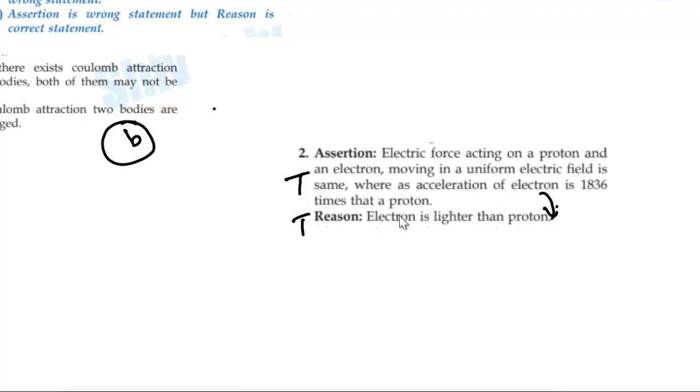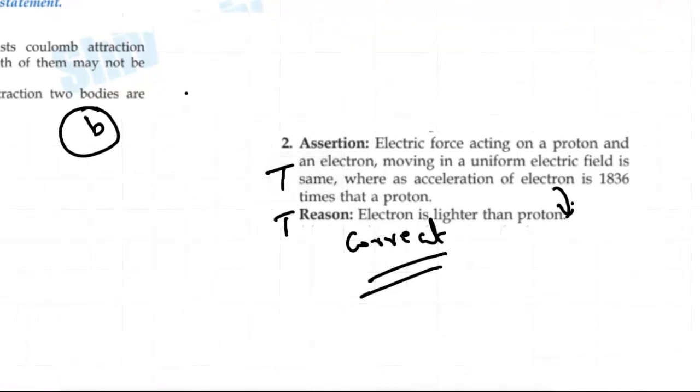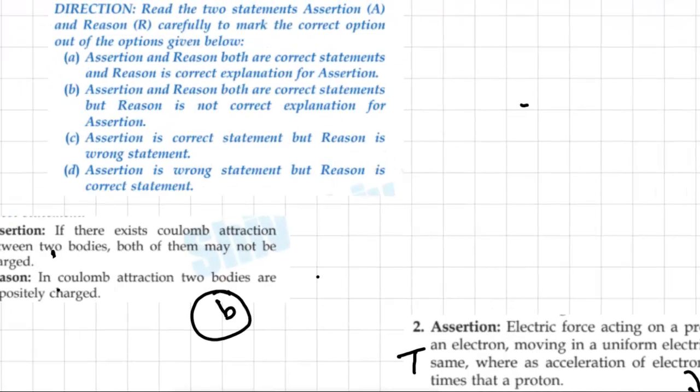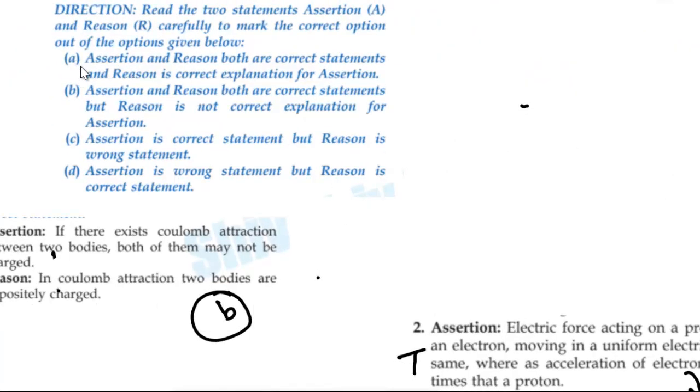So which one can we give as the answer? Here, both assertion and reason are true, and reason is the correct explanation for the assertion. So in the given question, which will be the answer? A is the correct answer.